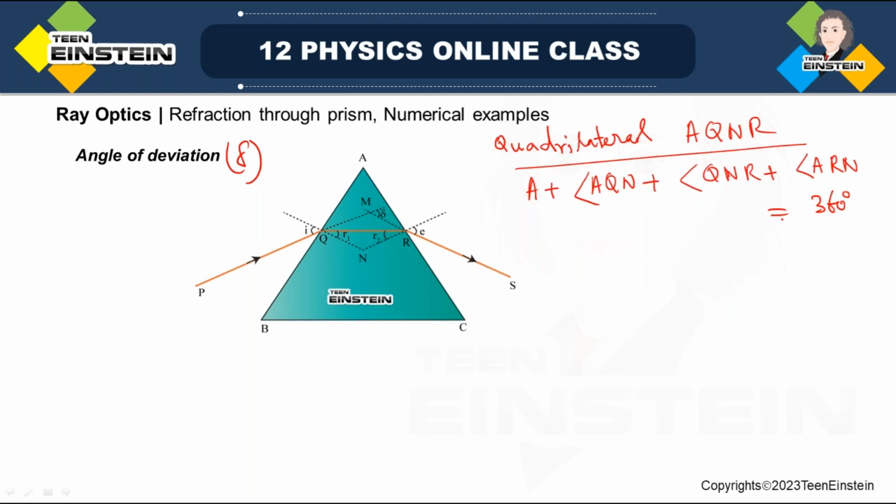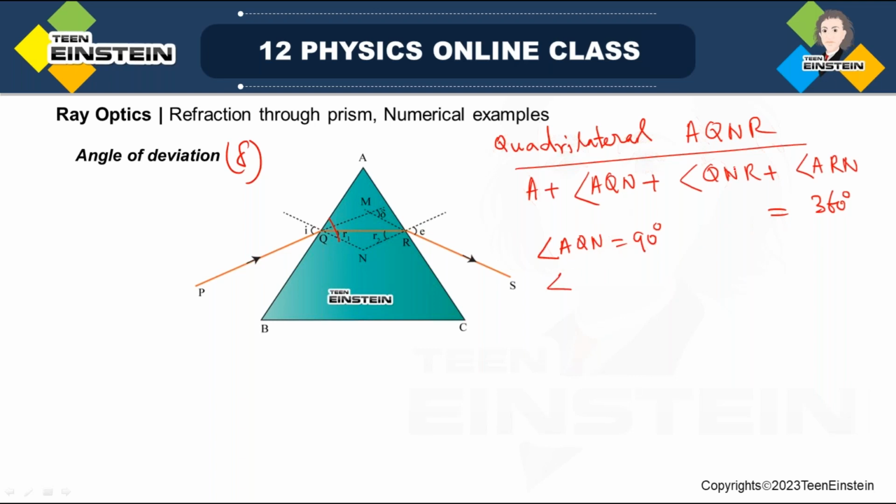Quadrilateral means that. Now look at one thing. This angle AQN is 90 degrees. Why? Because this QN is perpendicular to AB, as it is the normal to the surface AB. So that's why this angle will be 90 degrees.